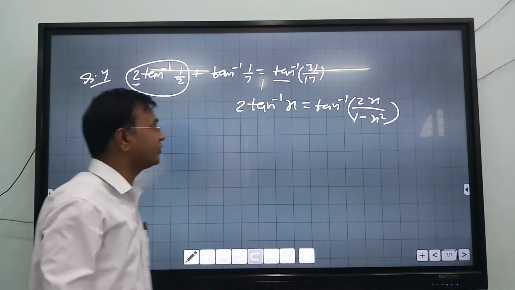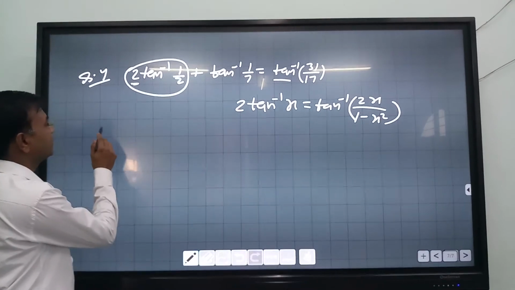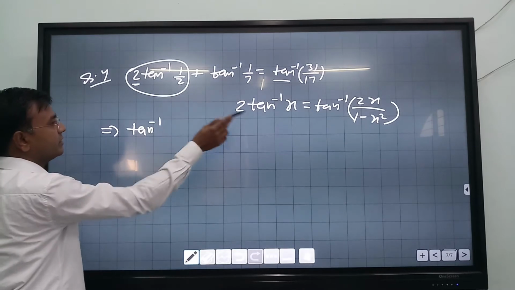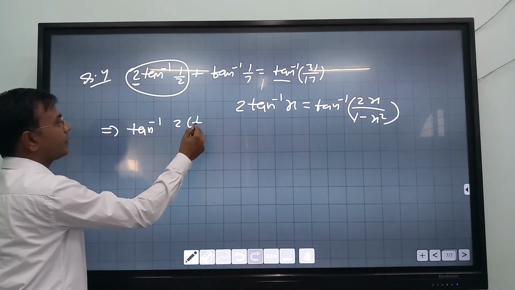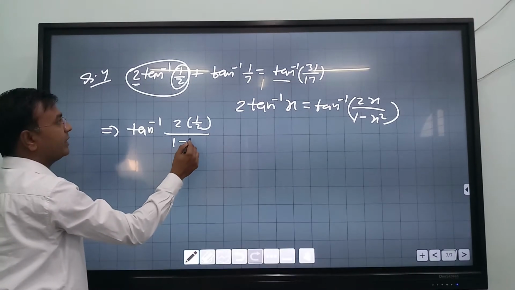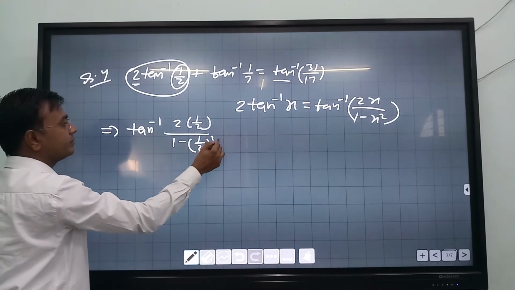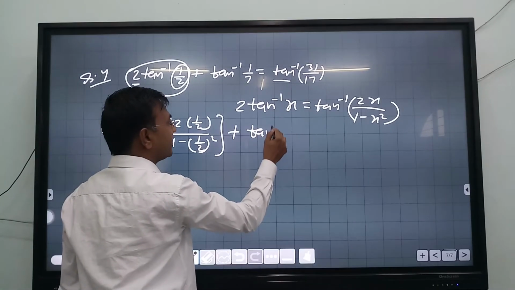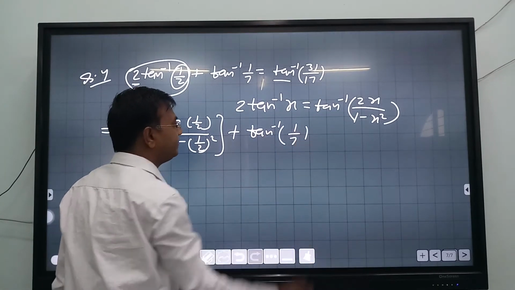This one we are going to use. So this implies tan inverse, using this identity, 2 into x, where x means this angle, upon 1 minus x square, plus tan inverse 1 by 7.